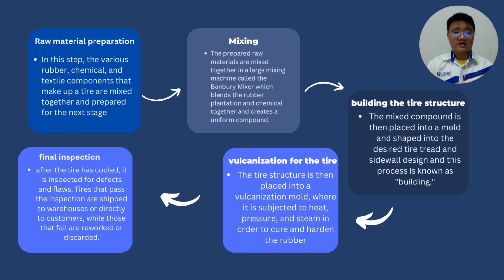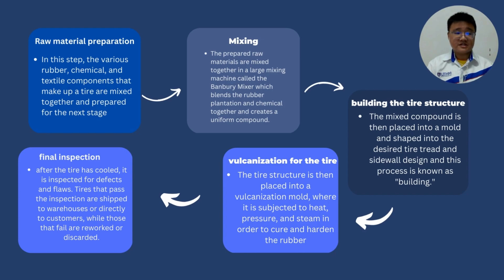The prepared raw materials are mixed together in a large mixing machine called the Banbury mixer, which blends the rubber and chemicals together and creates a uniform compound. The third step is building the tire structure. The mixed compound is then placed into a mold and shaped into the desired tire tread and sidewall design, and this process is known as building.